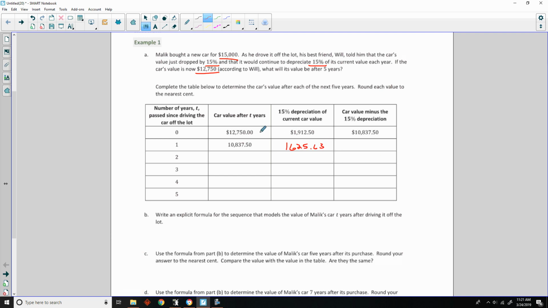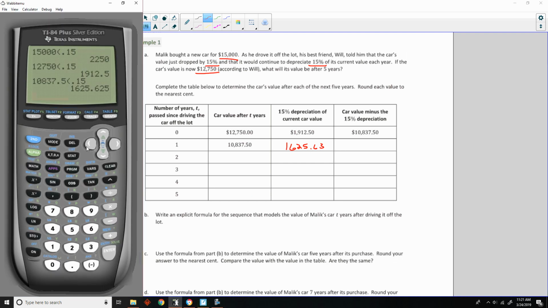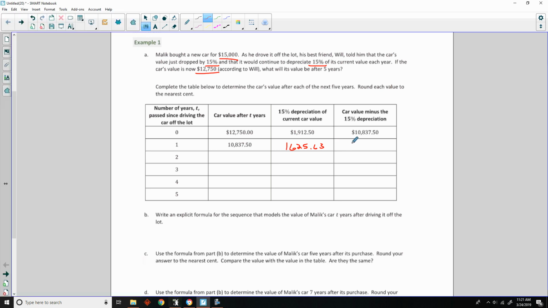Okay, so I take that minus that, or I could have just taken that second enter. I'll go back to what I just did and change this to 85%, which is the same as calculating 15% and then subtracting. So this would be 9,211.88, or 87 because we're subtracting the roundup of 3. 9,211 and 87 cents.